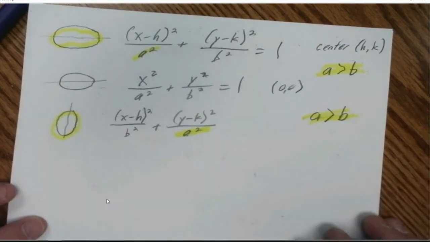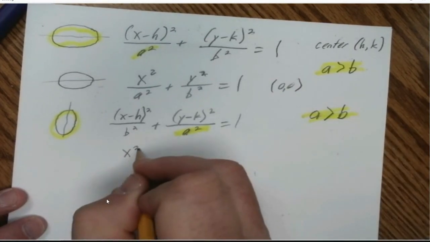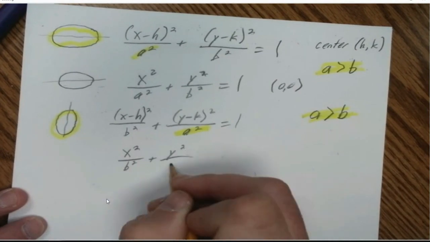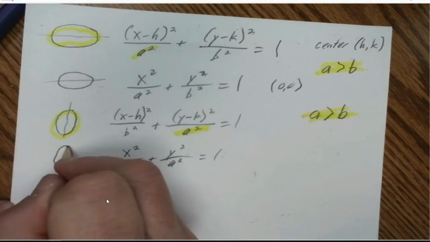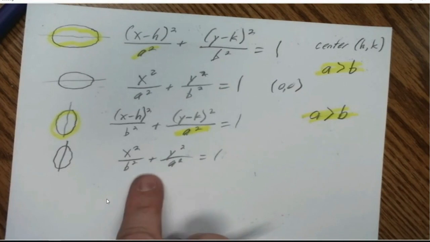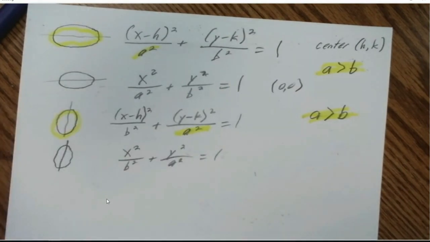So it just depends on where the larger number is. And of course, this simplifies to x squared over b squared plus y squared over a squared equals 1. Up and down. So you just have to look and see where is the larger number. And that'll tell you, does it go up and down or does it go left and right?